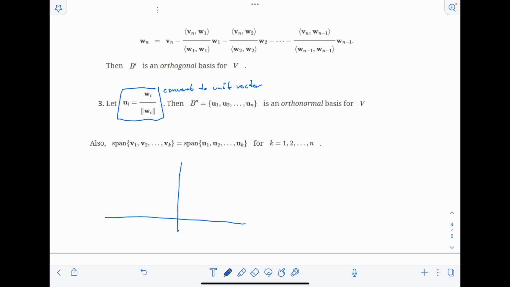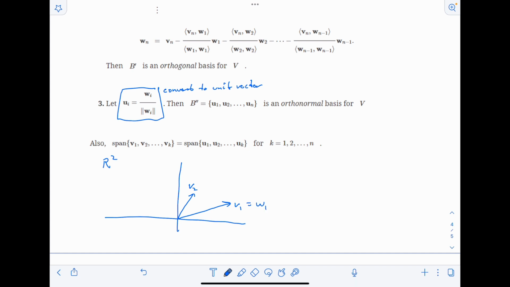So let's start with 2 vectors. We're going to again do this in R2. So let's start with a vector V1 and a vector V2. The idea is, again, I'm going to pick a vector, and that's going to be my starting point. So I'm going to pick V1, for example, and that's just going to be W1.